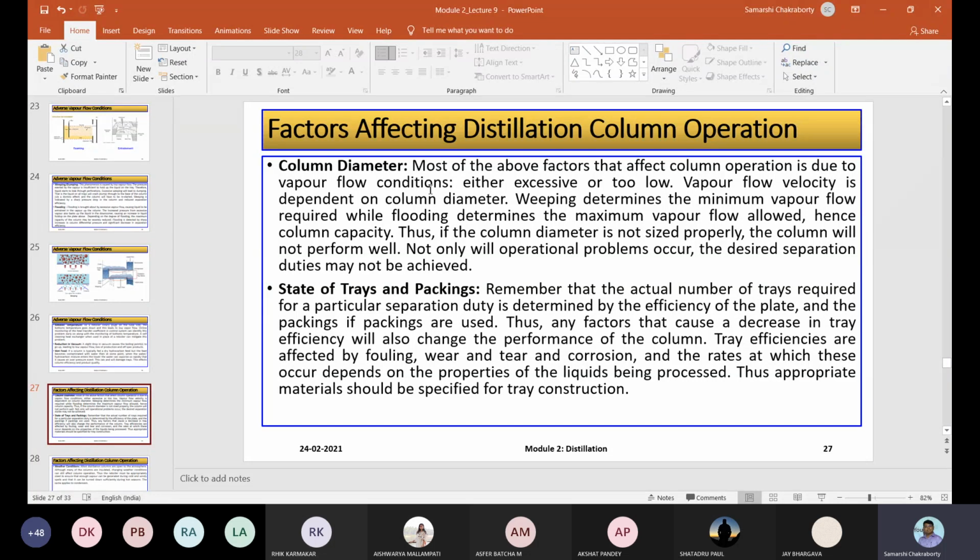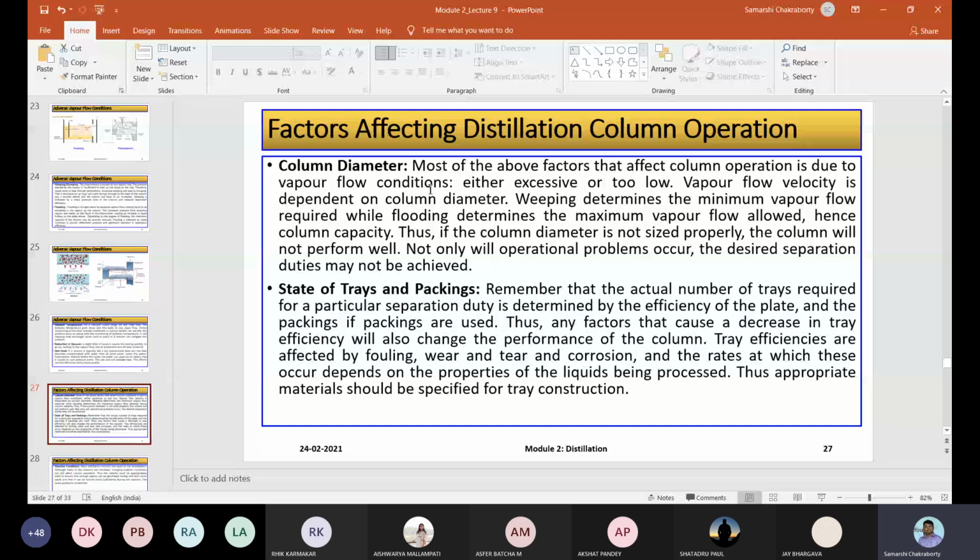The tray efficiency is affected by fouling, and after too much use there is going to be some wear and tear on the tray items. Corrosion can also take place if you are not properly removing the salt from the crude oil, so that is also a factor.